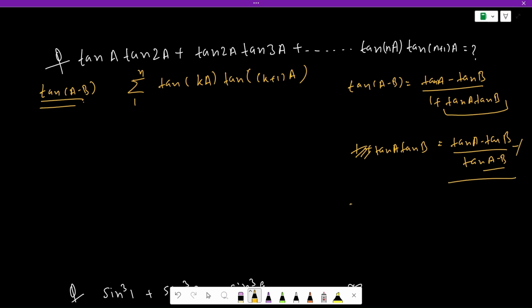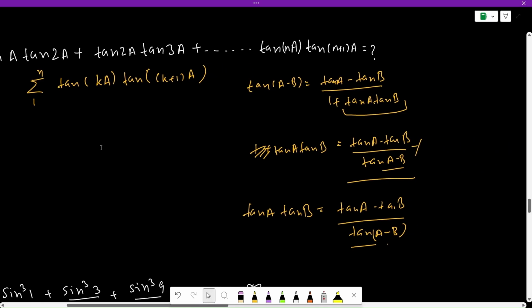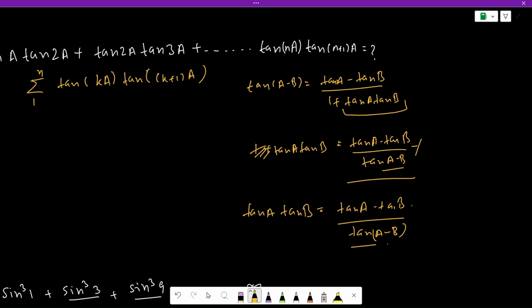So what we get is tan a tan b equals tan a minus tan b by tan a minus b in angle and plus 1, no, sorry, minus 1. Now just put this value here.